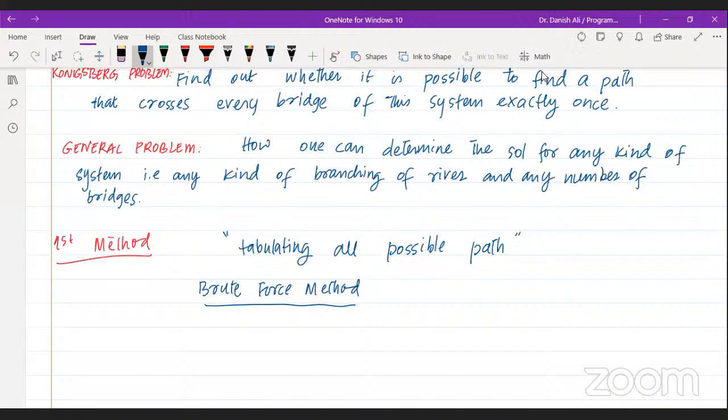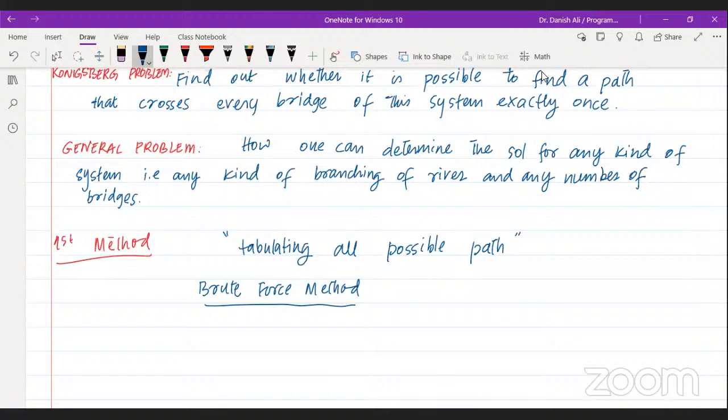But Euler rejects this method because it is too tedious and too difficult. Just now we made 3-4 paths, but there are so many paths and it is very difficult to check each and every path to see whether it satisfies the problem in a positive way or not.